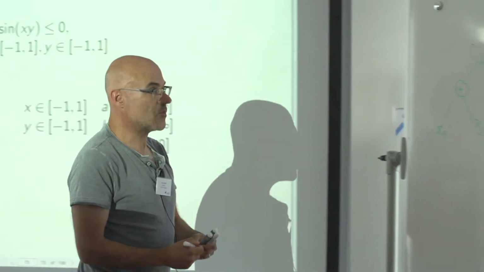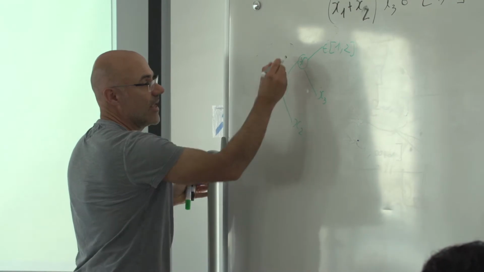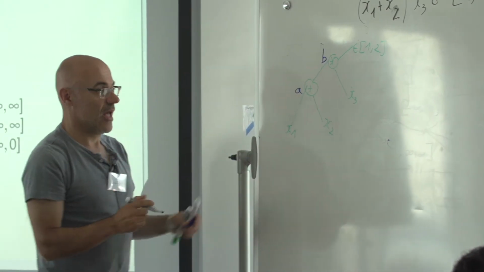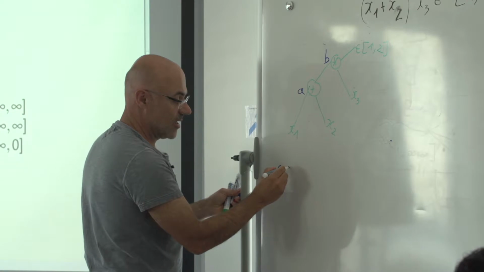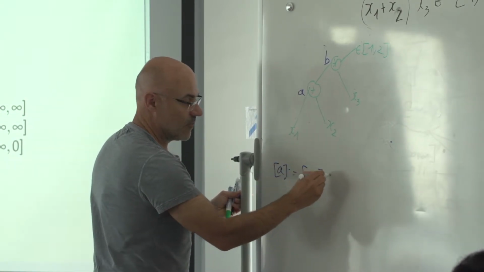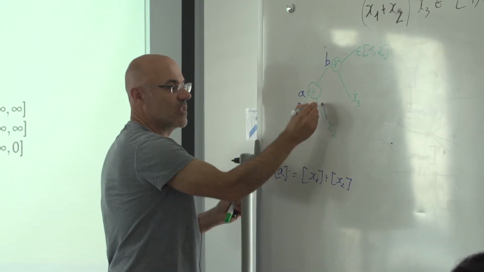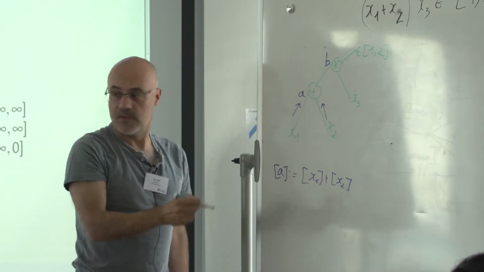Then, of course, I will have variable A, variable B. I will do the domain for A is equal to the domain for x1 plus the domain for x2. So I will compute, propagate the information upward. I am here.